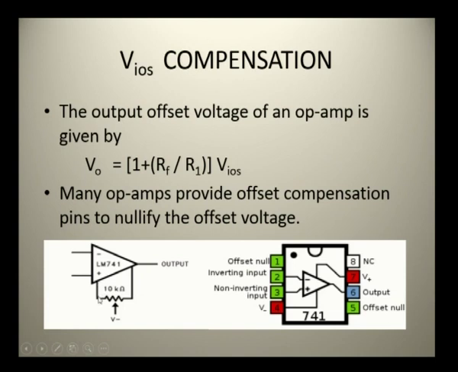Across this first and fifth pin, if you see this circuit, a 10 kilo ohm potentiometer is connected across these two pins 1 and 5. It is not mentioned in the circuit here. Across this 1 and 5, we are connecting a potentiometer, and a wiper is connected to the negative supply of the circuit.